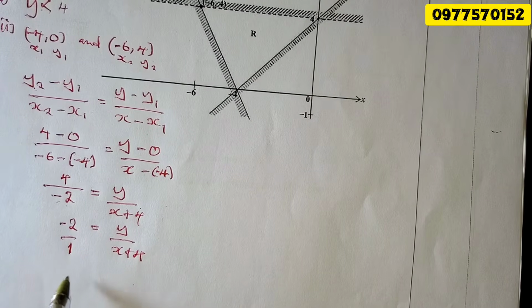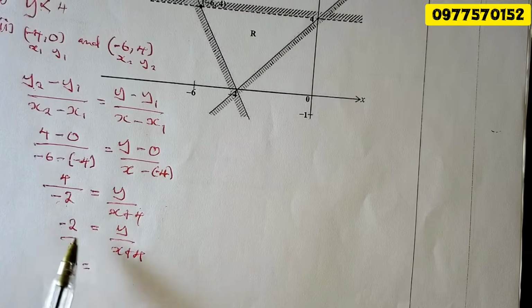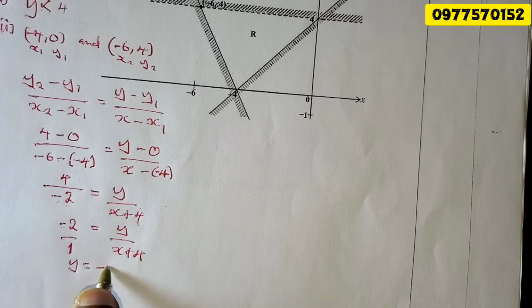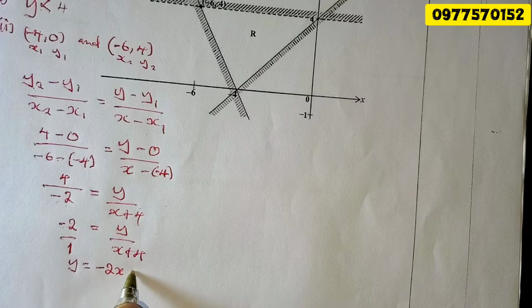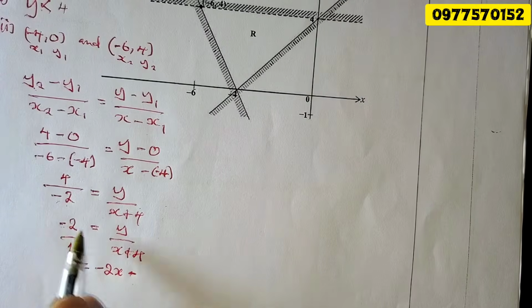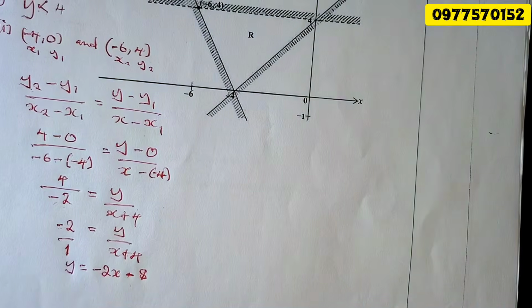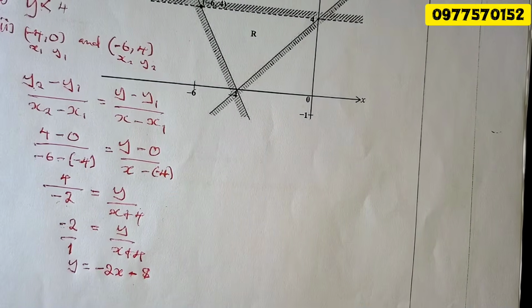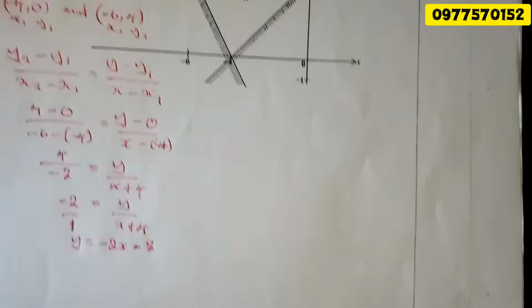Okay, 1 times y is y is equal to, so you're going to multiply negative 2 with everything. Negative 2 times x, negative 2x. Negative times positive here, it is negative 2 times 4 is 8. Are we together? 8.